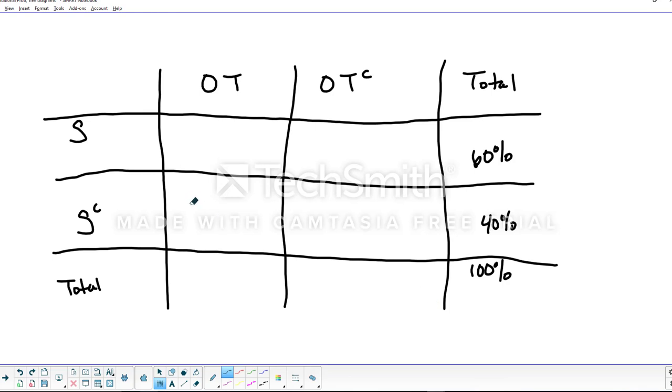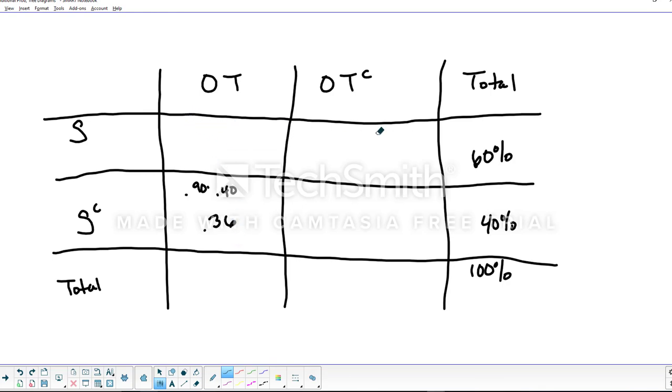So, how we can make this work at least is saying, well, I understand that 90% of these 40% is representing her being on time.